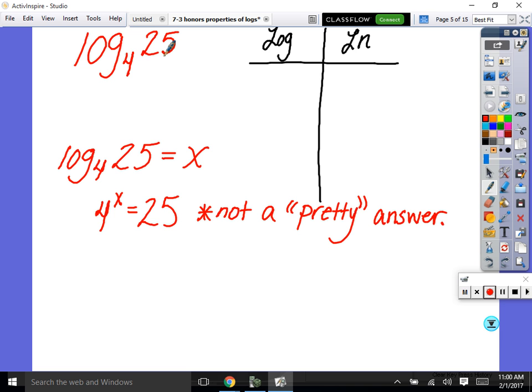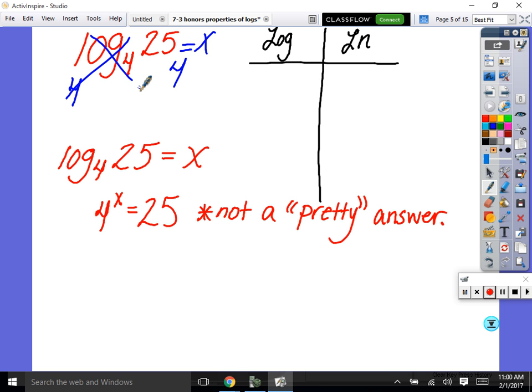Now I want to make a connection here because this is what a lot of people get confused on. We could try to evaluate this how we've been evaluating it the past few times. Remember, we set it equal to x and rewrote it as an exponential, right? So then we did base 4 of both sides.